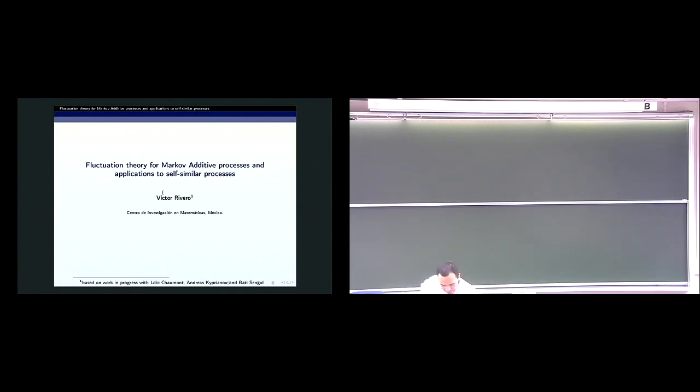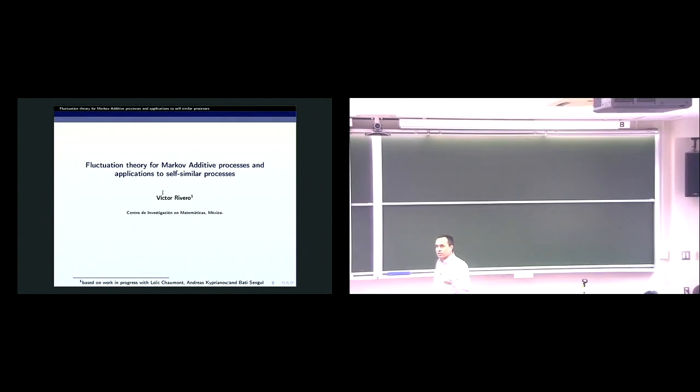We saw some properties of exponential functionals. What we did during the first three days was somehow to motivate what can be done for Markov additive processes, or for more general self-similar processes. But of course, the techniques are much more involved, as we will see in this lecture.